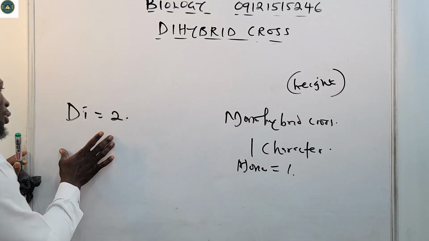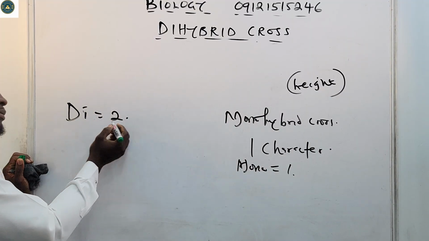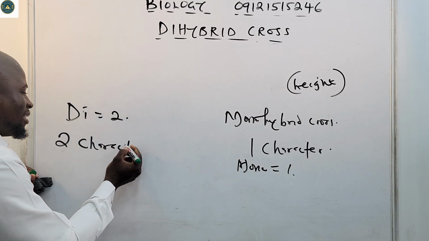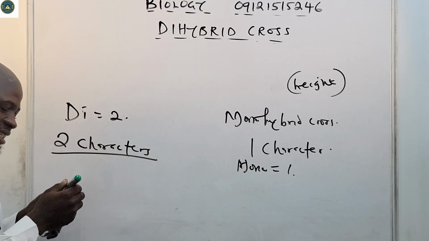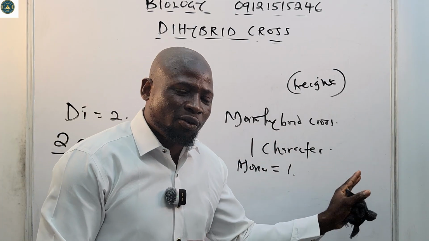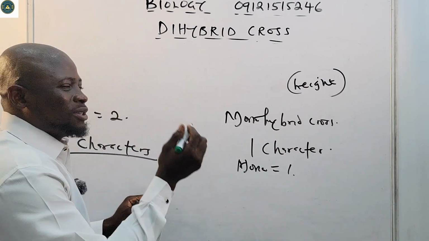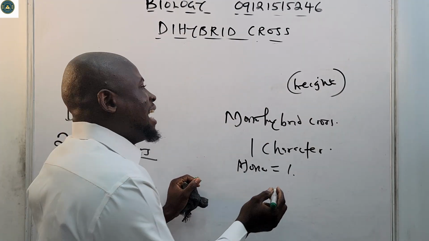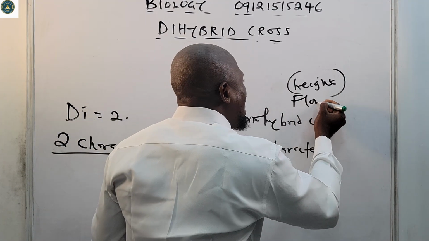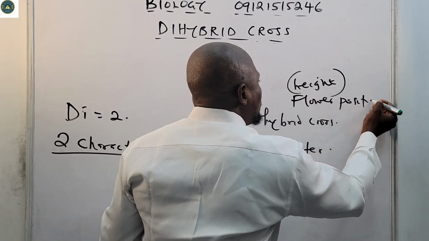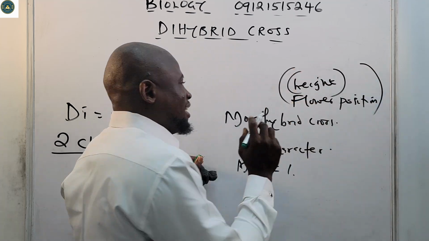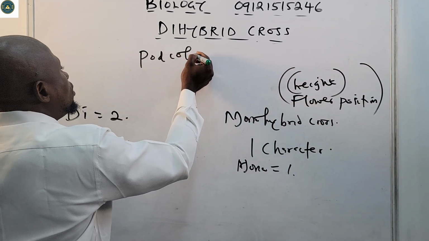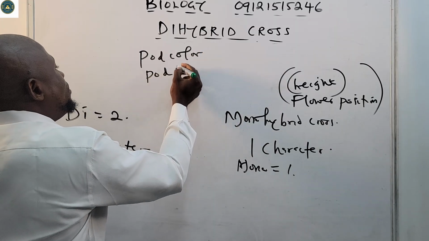But in dihybrid cross, since di means two, we're considering two characters. We can consider, for example, height as a character, and also flower position, which is another contrasting character. Or we could consider pod color and pod shape.